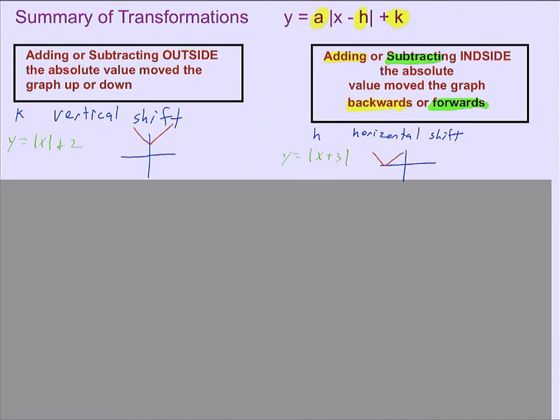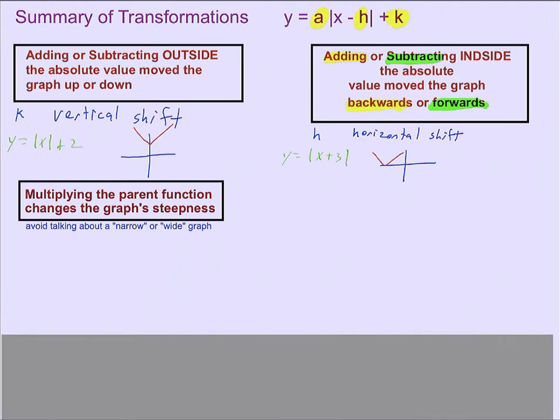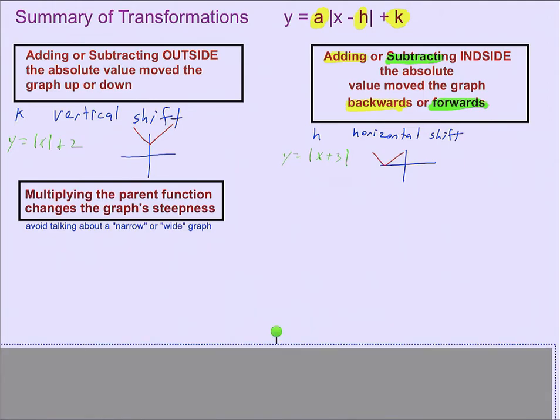The last one of our transformations is called the a, that coefficient in front. Multiplying the parent function changes the graph's steepness. For example, this multiplication is the a, and we call this the vertical stretch.